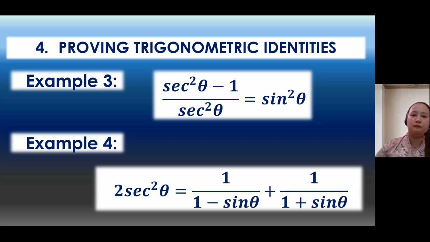Okay, on the last example, that is 2 secant squared theta equals 1 over 1 minus sine theta plus 1 over 1 plus sine theta.